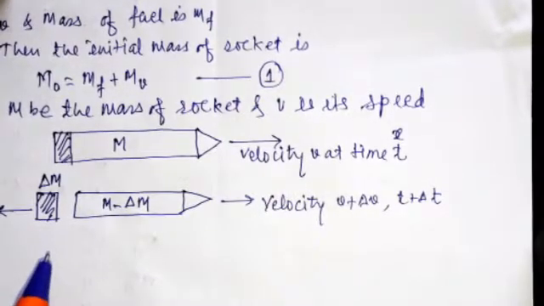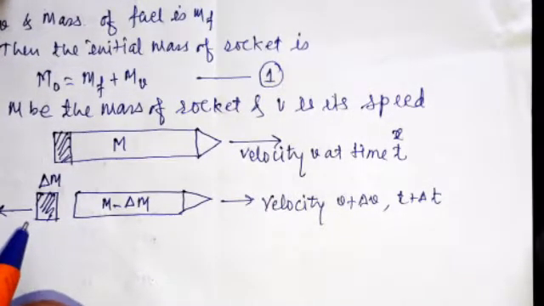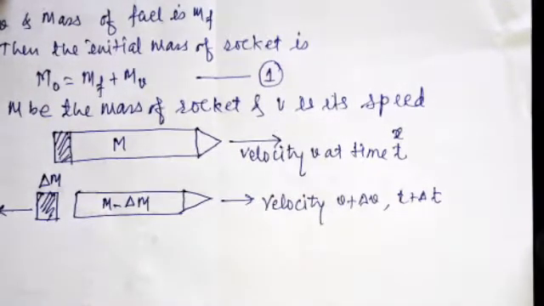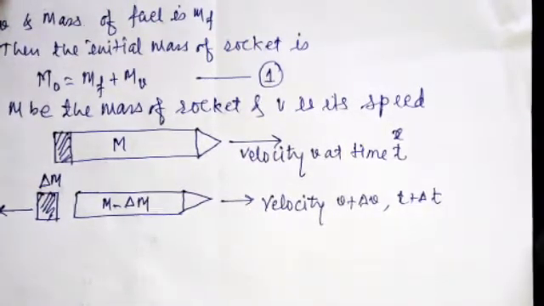Let delta m be the mass lost by the rocket in time delta t due to the burning of the fuel and expulsion of an equal amount of mass. Here u minus v is the velocity of the exhaust gases.